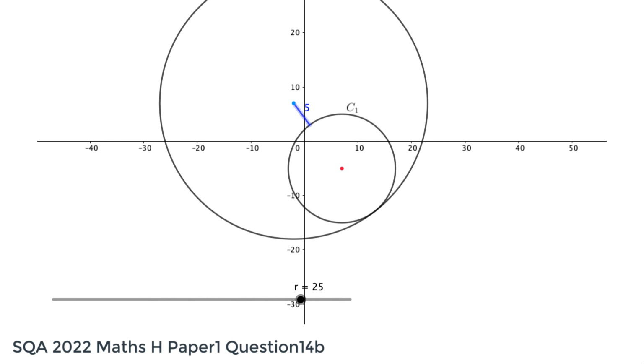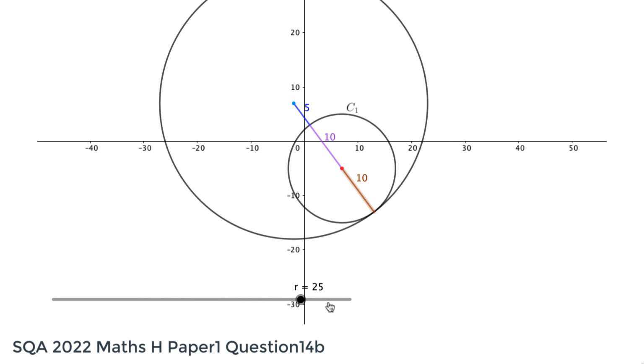So we have that distance of 5 plus that distance of 10 plus another distance of 10. You see the diameter of this circle C1 is 20 plus that 5. You get 25 for the radius. And again, we know that the distance from this point to this point is 5 plus 10.